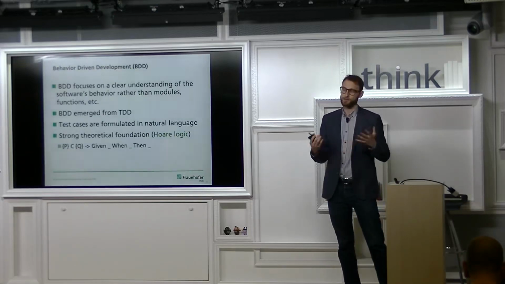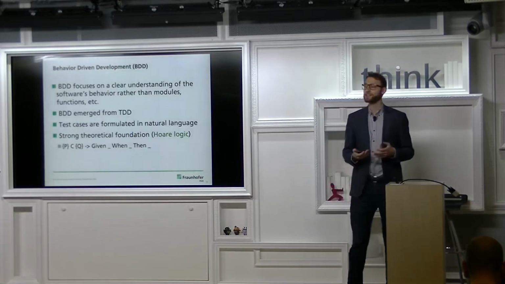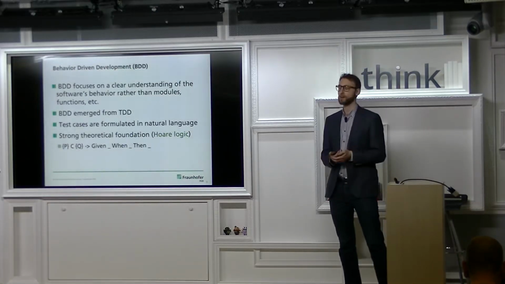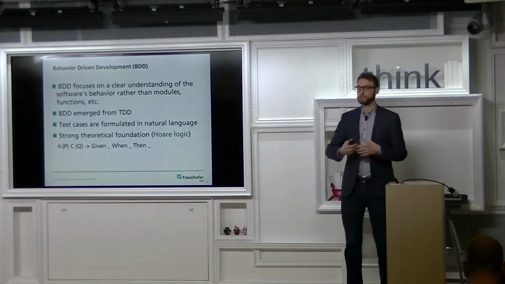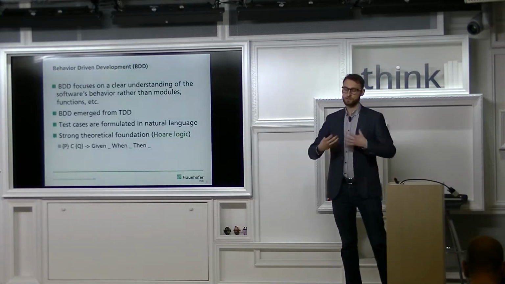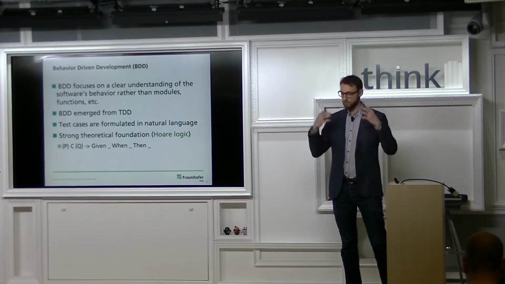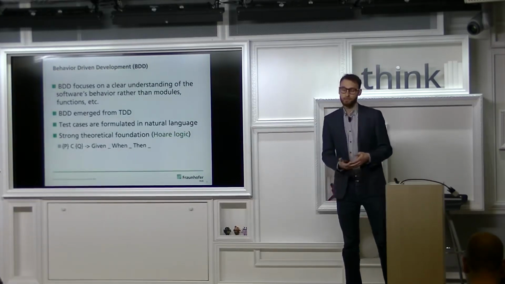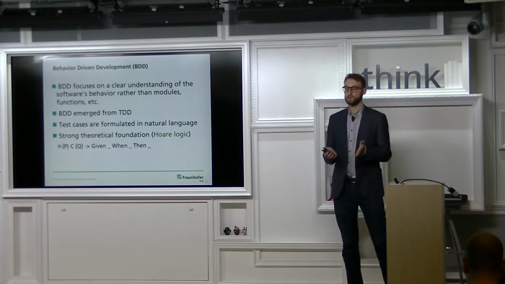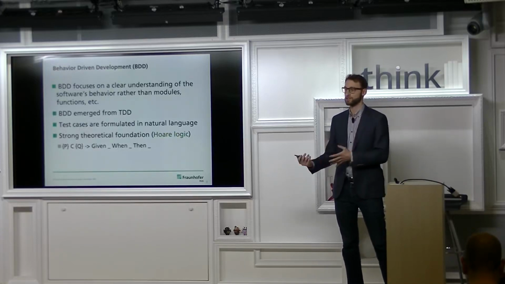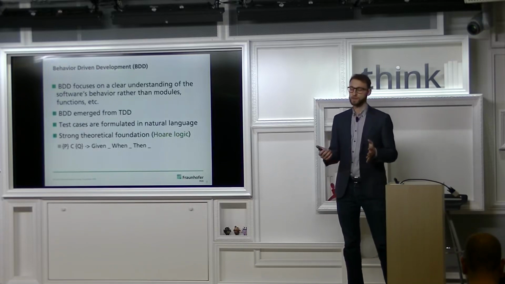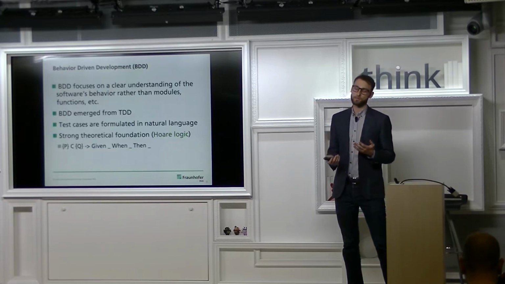The important thing to notice here is that the test cases you're writing are in natural language. This allows you to first express your thoughts like you're actually thinking. And even though you're expressing this in natural language, you've got a strong theoretical foundation. Namely, you're using Hoare logic, which is used to prove the partial correctness of computer programs.